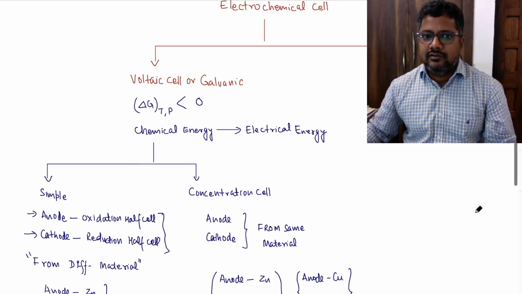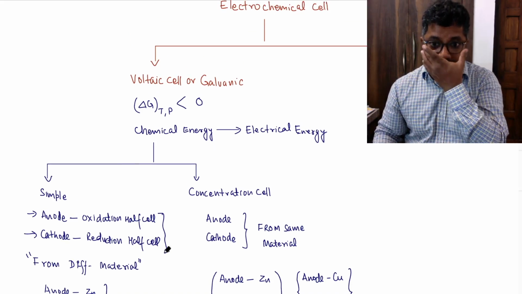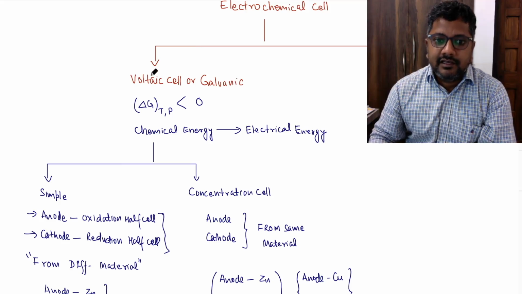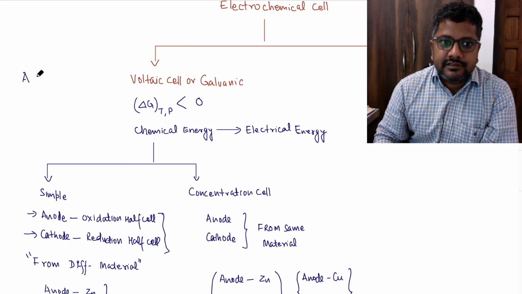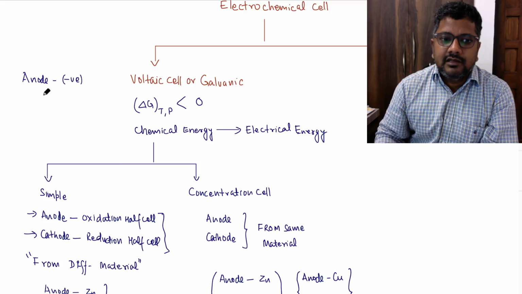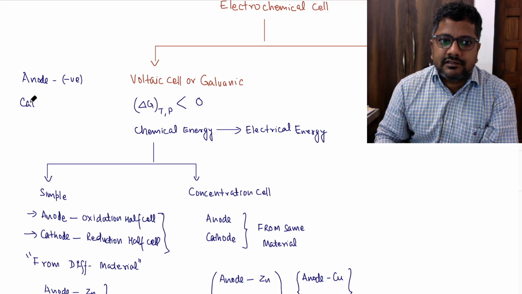And there is a difference in polarity as well. Here in a voltaic cell, anode is the negative terminal of the cell and cathode is the positive terminal of the cell.